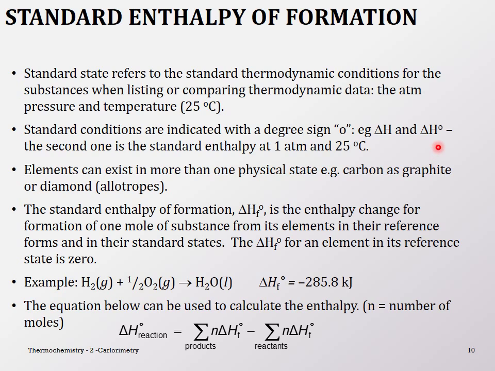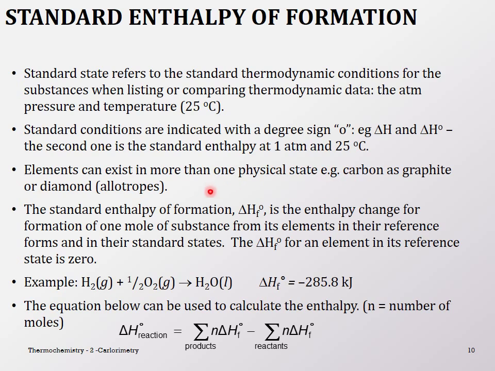So the standard enthalpy, for example, going from solid ice to liquid water, you can find that. You can find Br2 liquid going to Br2 gas, bromine going from gas to liquid or liquid to gas. You'll find all of those standard enthalpies in data tables because all of this data has been acquired and recorded.